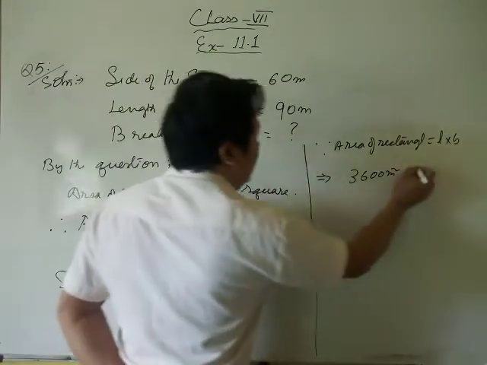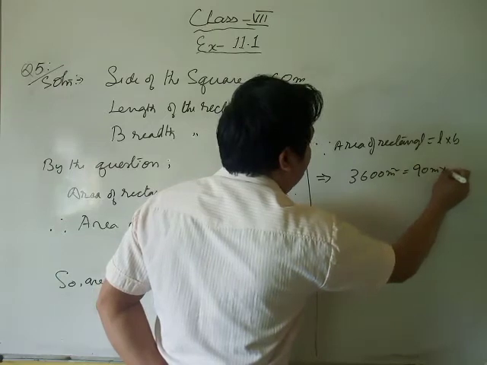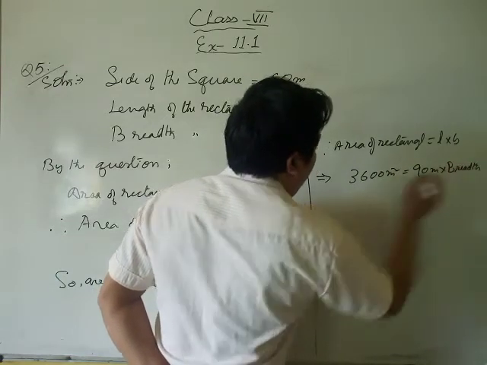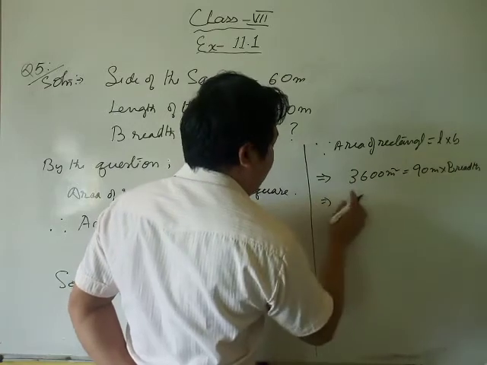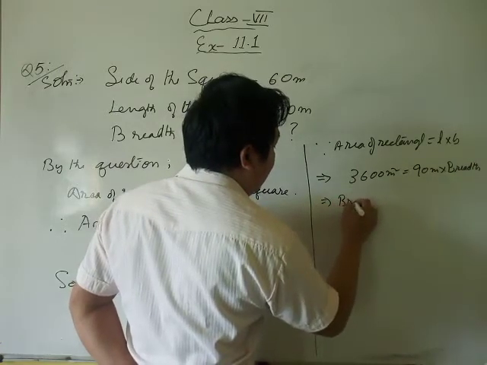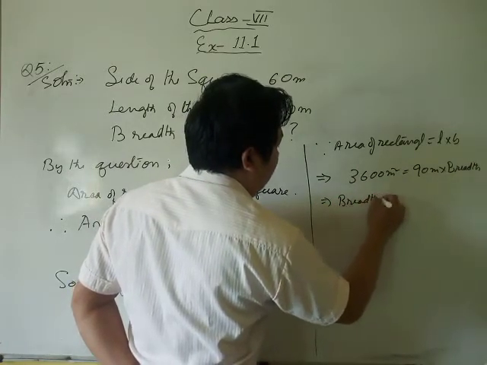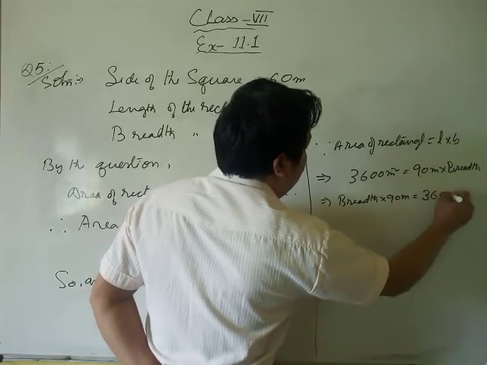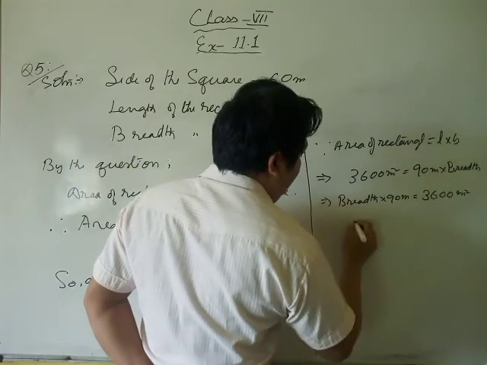L is 90 meter, into breadth. So I write down again this part here: breadth into 90 meter equal to 3600 meter square.